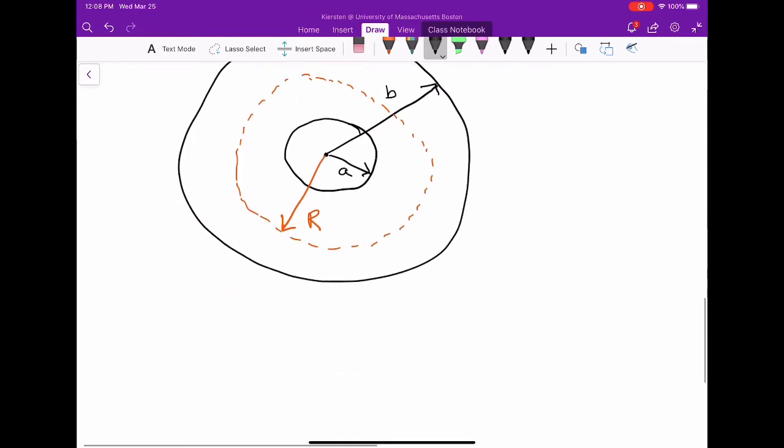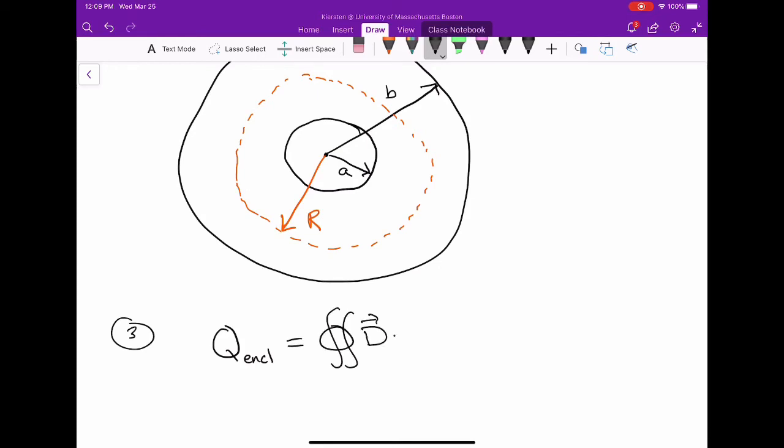So let's remember what exactly is Gauss's law. It is that the charge enclosed by the Gaussian surface is equal to the flux integral of the electric flux density. So we're going to end up doing two integrals in this problem.